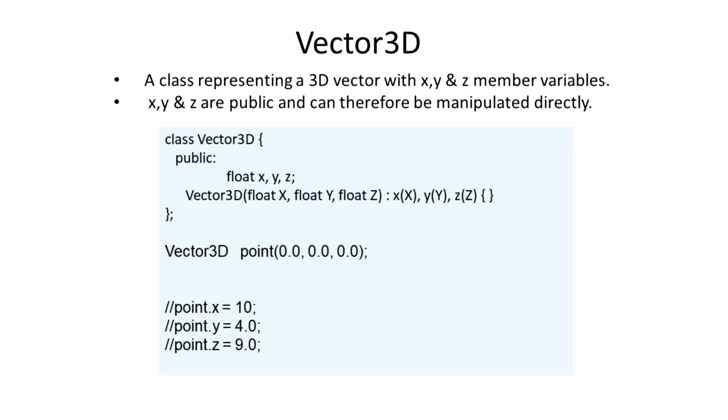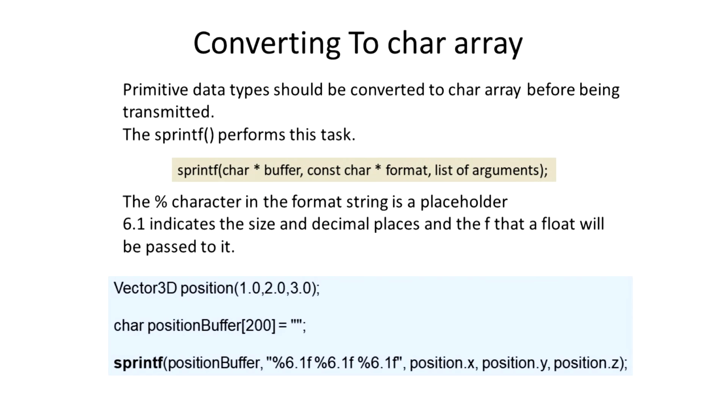Okay, so let's say that we wanted to send an object of this class through the UDP sendto function. What we've got to do is we've got to convert this to a char array. Now, remember in UDP, we actually casted the pointer first to actually send it, and then it did its magic of actually translating that into a char type, and then we casted it back at the receiving end.